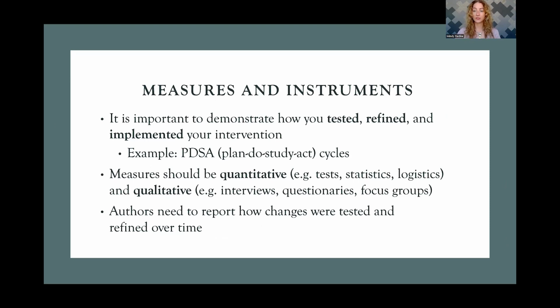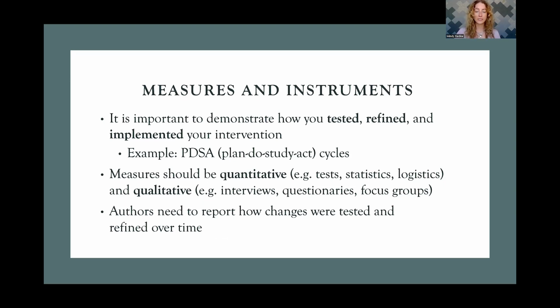Essentially, what it wants to see is that you are implementing, collecting data, and adjusting your implementation if need be, and therefore your data collected over the course of this paper is going to be really dynamic because it's been measured over time. So an example of one of those refinements in terms of methodology is going to be the PDSA cycles, the Plan, Do, Study, Act cycles.